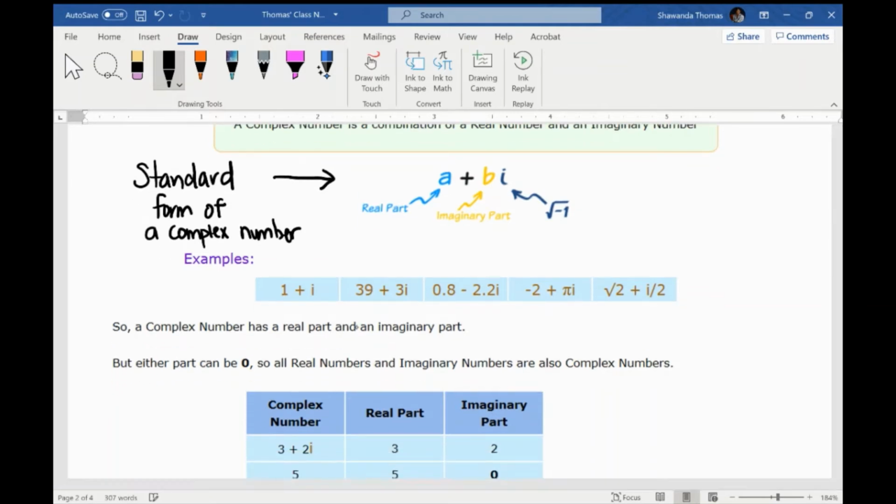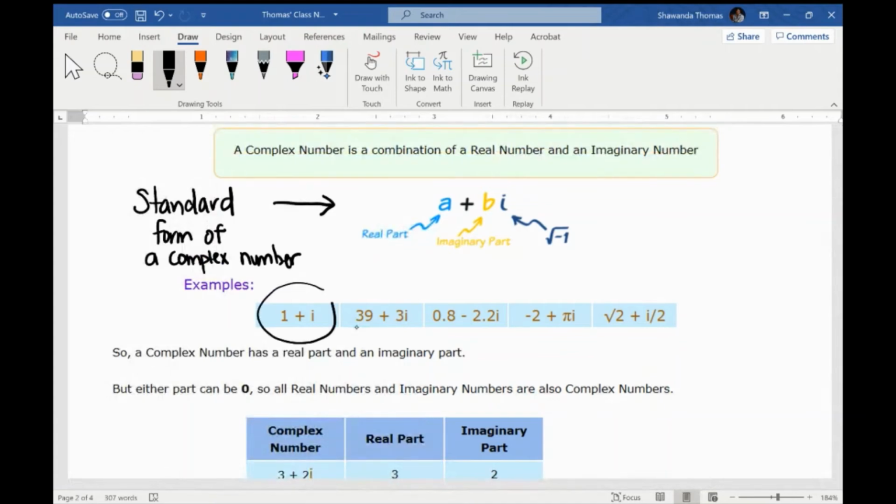Here are some examples of complex numbers that are in standard form. This one, 1 plus i, for example, or 39 plus 3i. If I asked you, what is the real part of this one? What number would you say? 1.